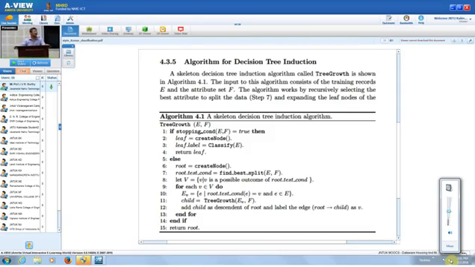So the starting call is tree growth with the total number of records and the attribute set F. With that we start. Then if the stopping condition of E and F is true, you create a leaf node and you label it.